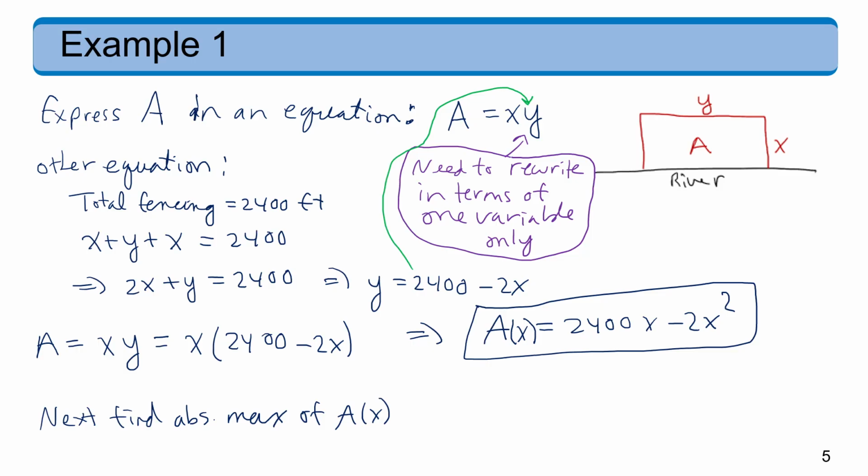Now for absolute maximum, remember our method for that was the closed interval method. And part of that method is you have to have a closed interval that your function is defined on.